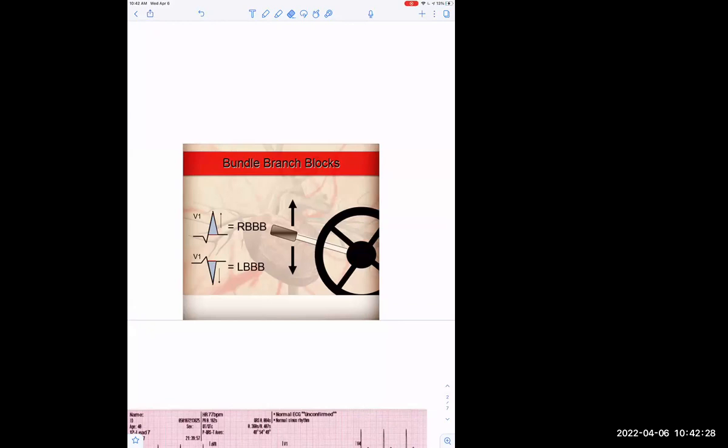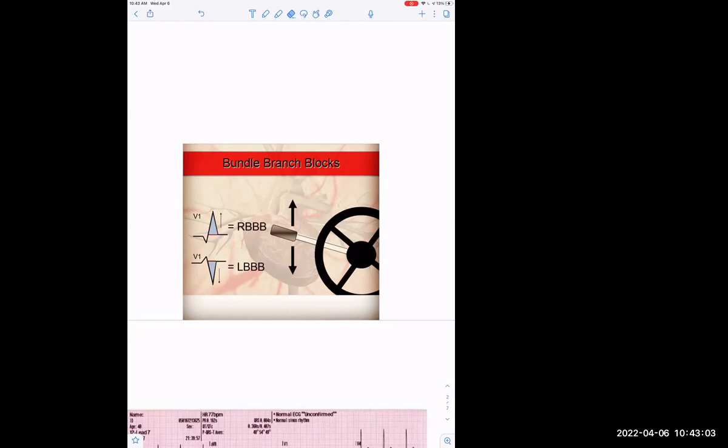More criteria is, if you look at V1 and V2, you need to have a very prominent, distinct R wave, and then you'll look in V5 and V6 and aVL, and should have a broad S wave. There are a lot of criteria, okay? So just keep in mind that I'm just giving you the beginnings of determining what bundle branches are. But there are a lot of other leads you can look at, and a lot of other criteria in those leads that you look for.